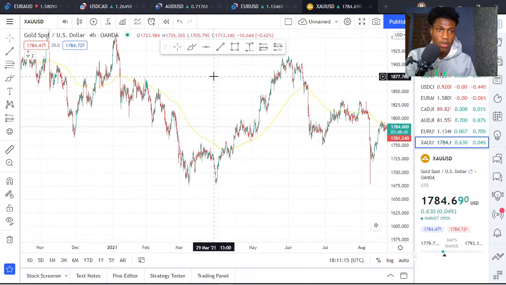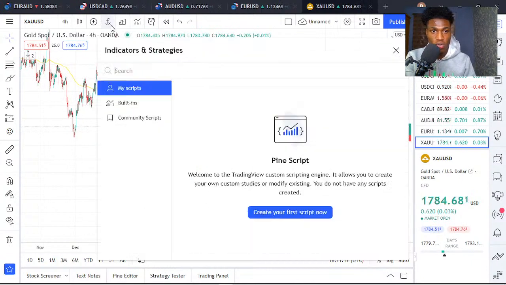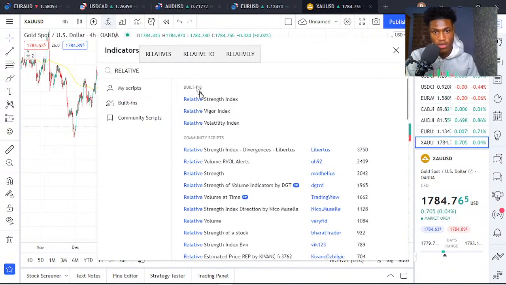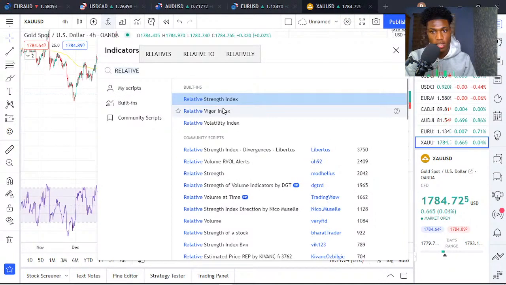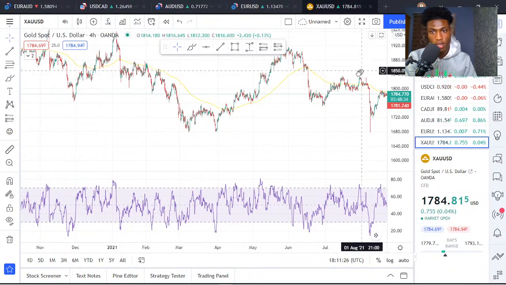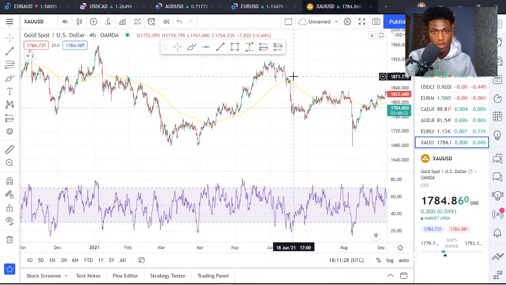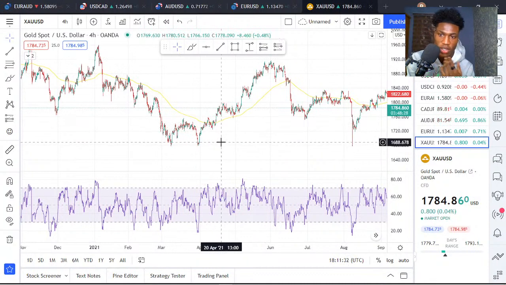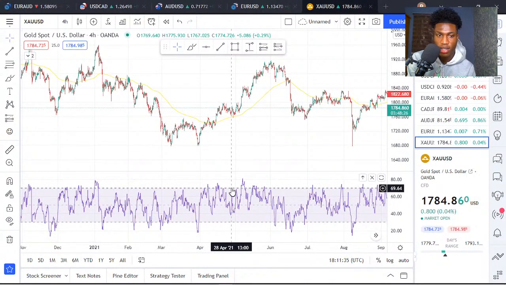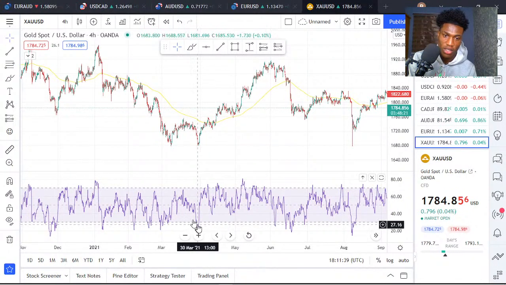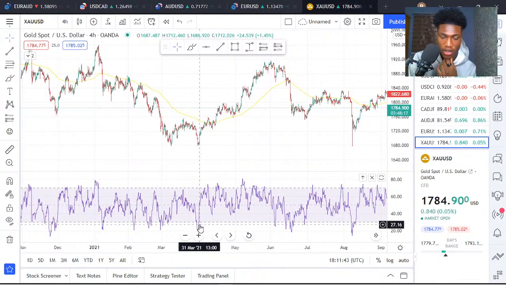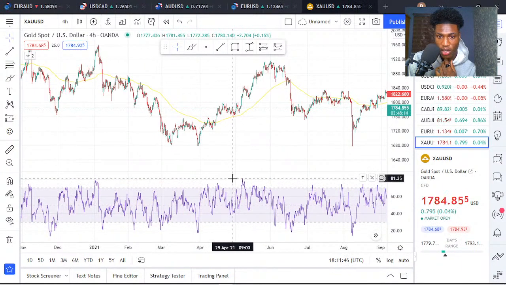So we're going to talk about RSI. Let me just quickly add the RSI to the chart, relative strength index. So from the definition, what it basically means is when price is at 70 or above, you're looking to sell, and when price is at 30 or below, you're looking to buy.